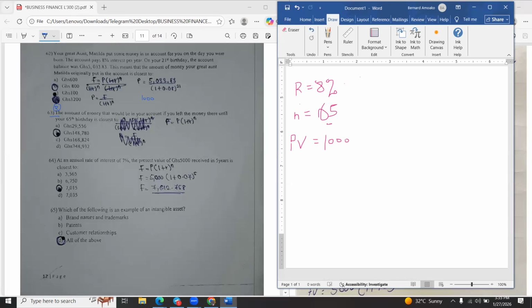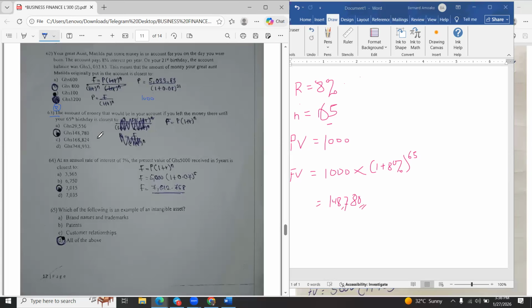It means that at the end of my 65 years, at a rate of 8%, the future value will be equal to the 1,000 Ghana cedis, which is the present value, multiplied by 1 plus the 8% raised to the power 65 years, which would give me, I think, 148,779.74. Because 780 is the closest, we select 148,780 as the final answer for question number 63.